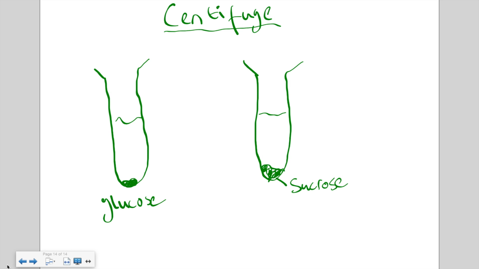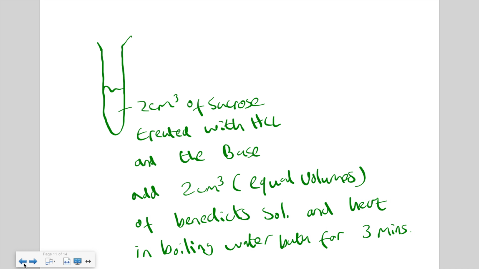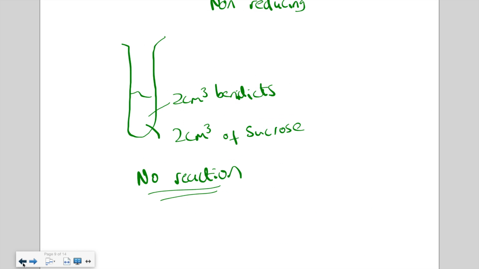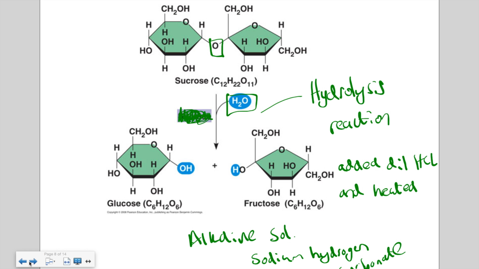And when you think about it, if you go back to looking at the sucrose, we started off with a certain concentration of sucrose, which was the same as glucose. So let's say we started off with a 0.1 moles per decimeter cubed concentration of sucrose and a 0.1 moles per decimeter cubed concentration of glucose.